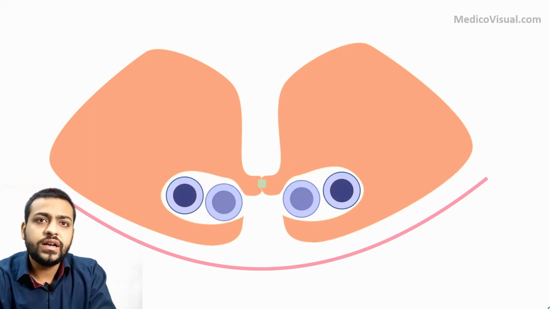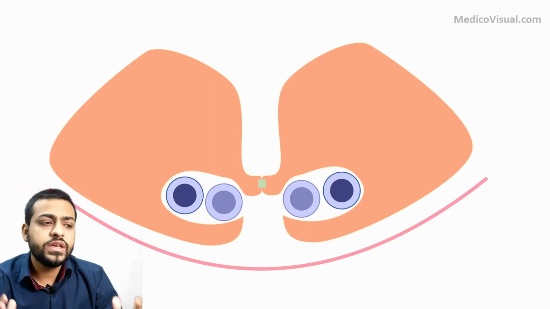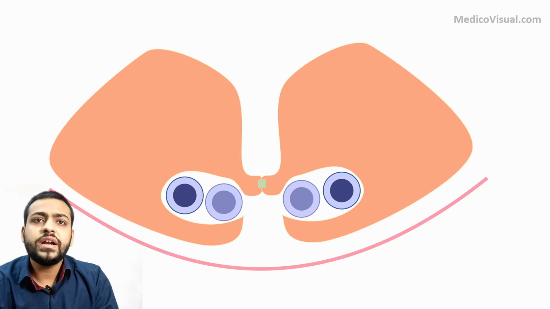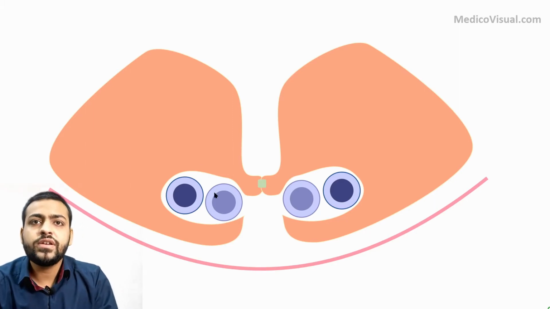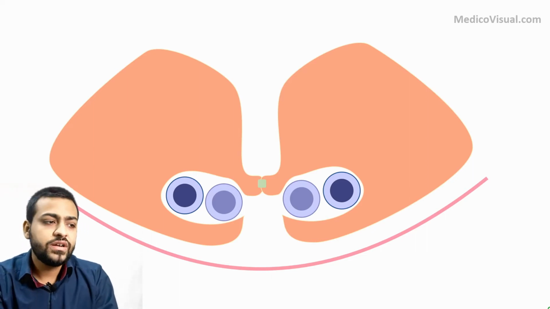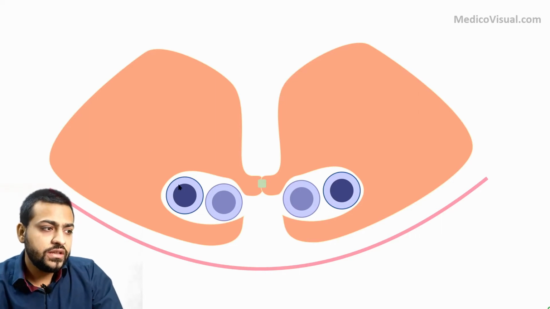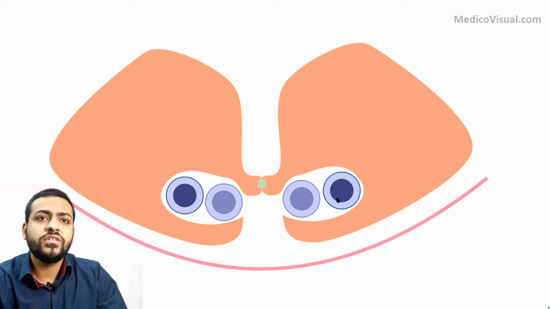Before puberty starts, some books even mention that before the baby is born, all of these primordial germ cells are transformed into two types of spermatogonia. You can see one spermatogonia is dark and the other is pale. So, pale spermatogonia and dark spermatogonia.